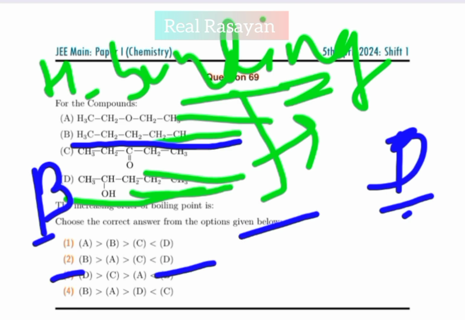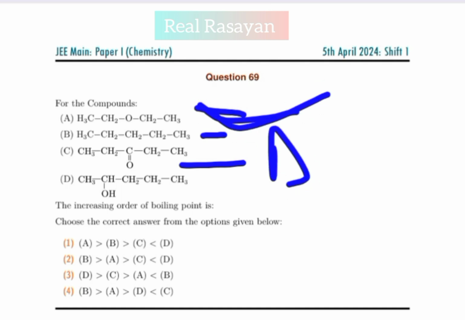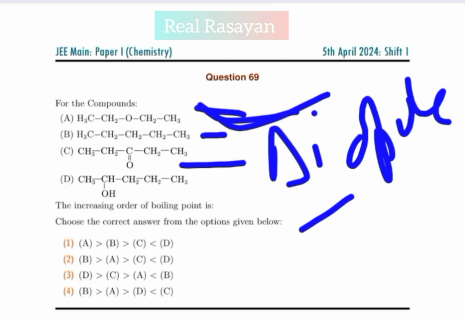And then between A and C, ketone has strong dipole-dipole interaction, but ether has normal dipole-dipole molecular interactions. So the ketone has greater boiling point than ether.